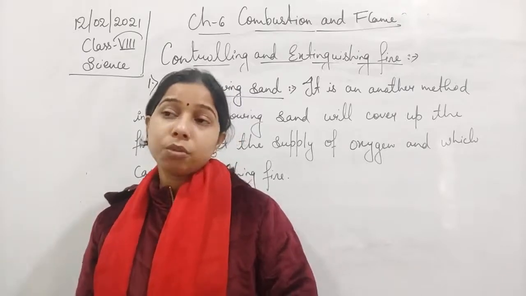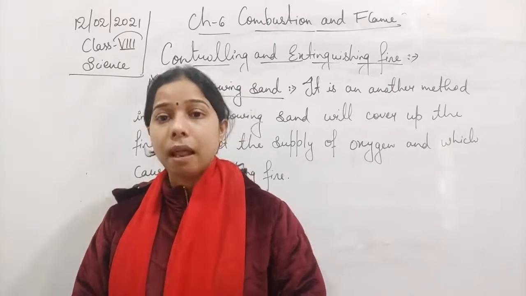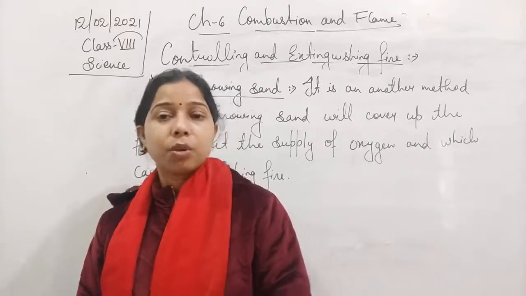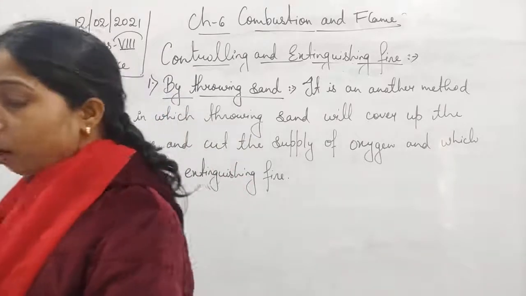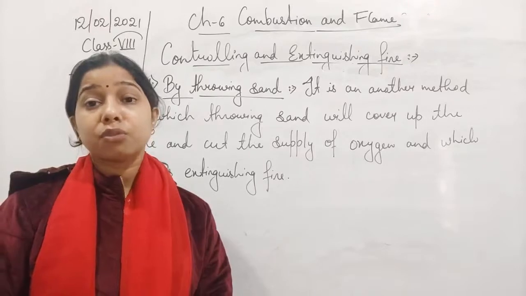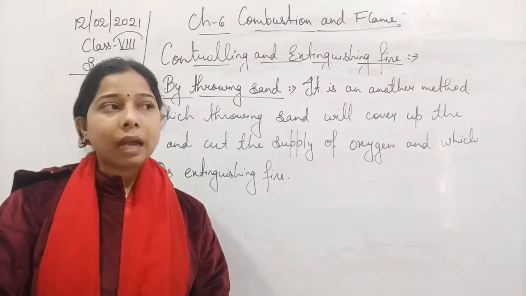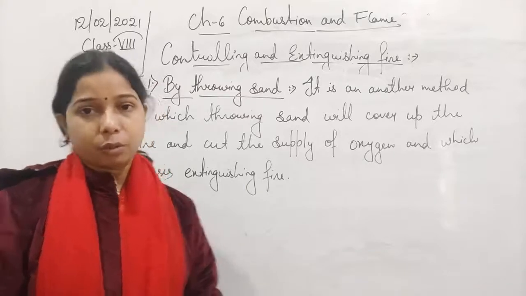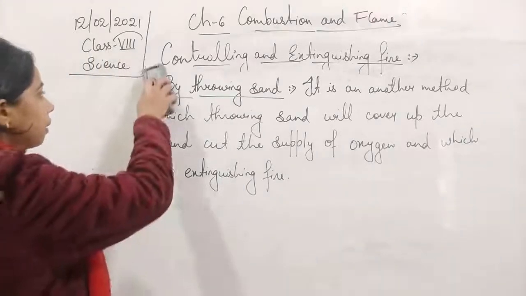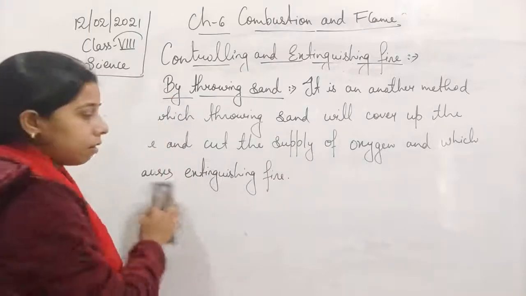When you use that extinguisher, the water, gas and foam help in extinguishing the fire. Among all these fire extinguishers, there is one that is used very frequently, and that is the soda acid fire extinguisher. So let me write about it, and then we will try to understand what a soda acid fire extinguisher is.